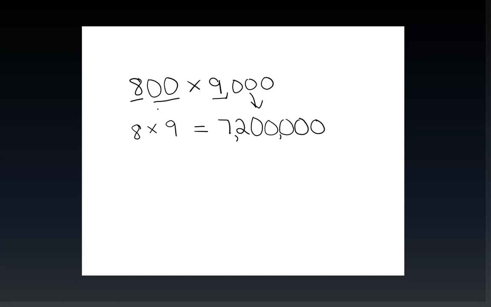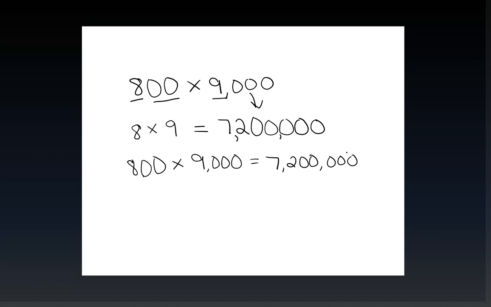So now, let's rewrite it here. 800 times 9,000 equals 7,200,000. So you can see there that it looked like a complicated number and the numbers were much bigger to work with, but my same tricks applied.